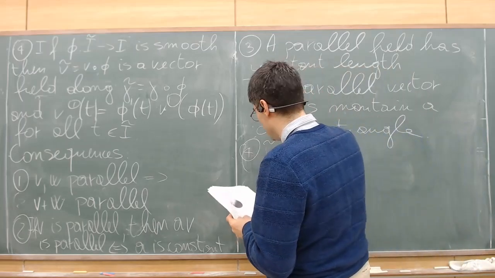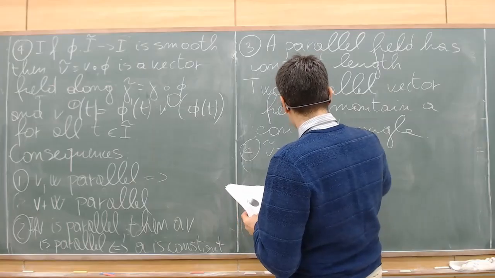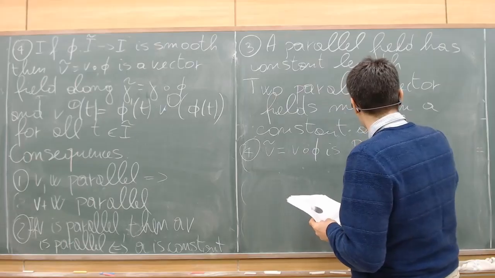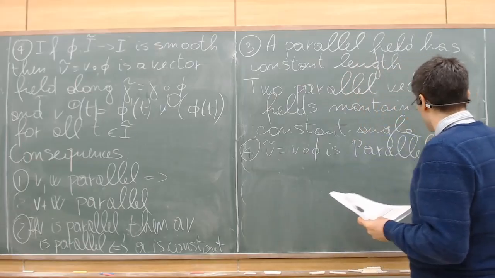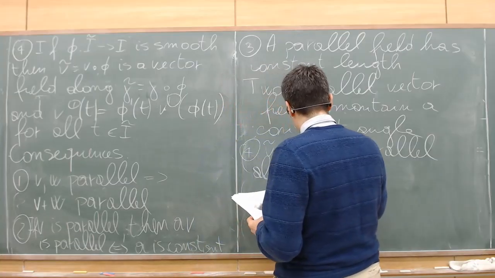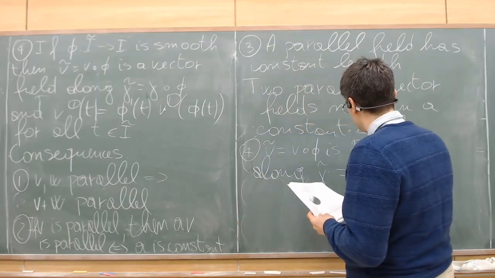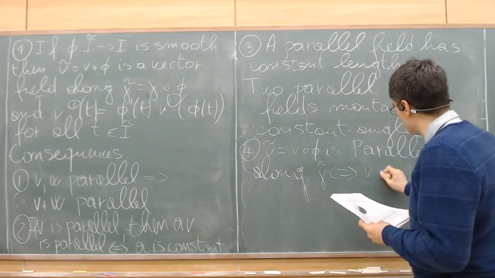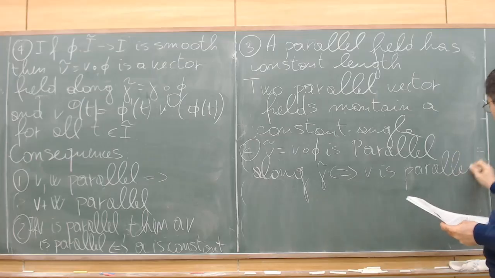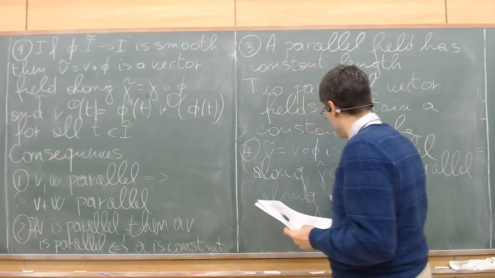V tilde equal V composite phi is parallel along gamma tilde if and only if V is parallel along gamma.